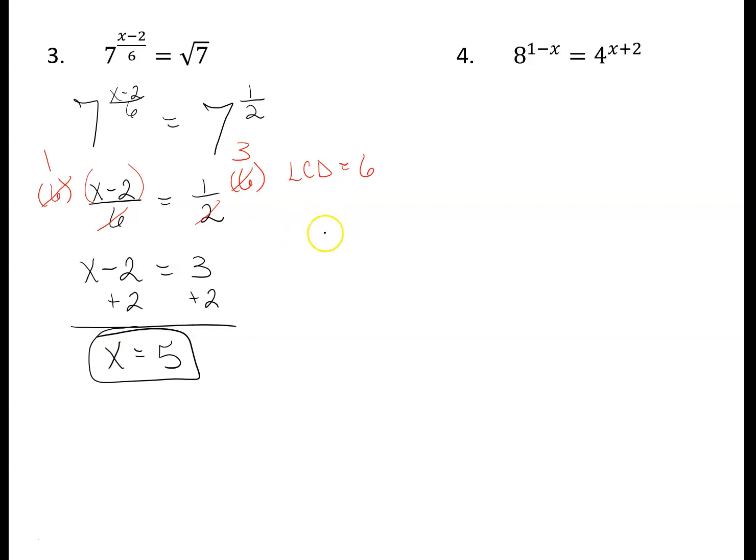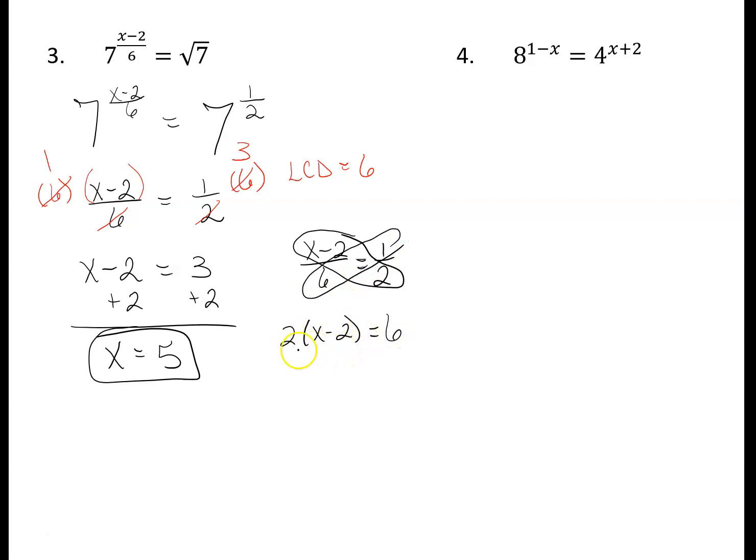If we had gone back to our equation here, and we decided to cross multiply to solve it, which will only work if there's only one fraction on each side of the equal sign, then we would multiply these together, so 2 times x minus 2 equals, and then we multiply these together, so it'll be 6.